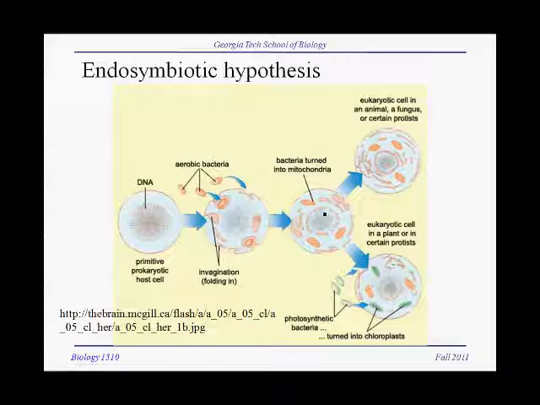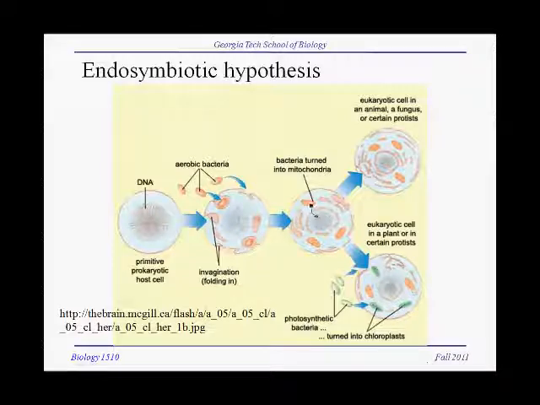The bacteria then shed most of their genetic material. Most of their genetic material actually went into the nucleus and became part of the nuclear chromosomes. And what remained became today's mitochondria.